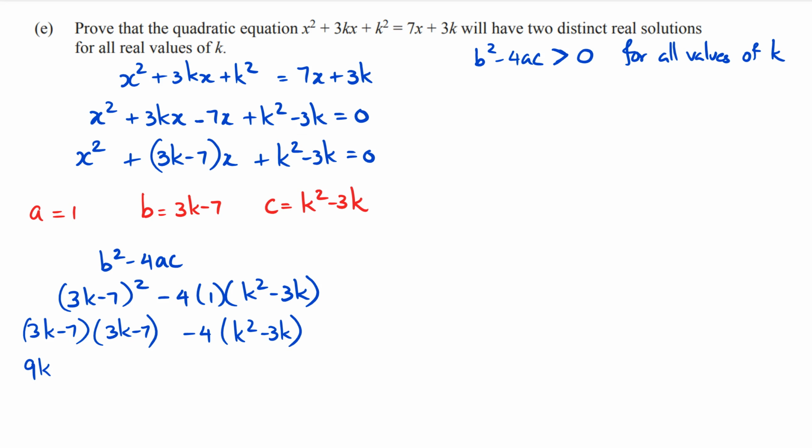So we're going to get 9k squared minus 21k minus 21k plus 49 minus 4k squared plus 12k, which then simplifies to 5k squared. We've got negative 42 plus 12, which is negative 30k, plus 49.